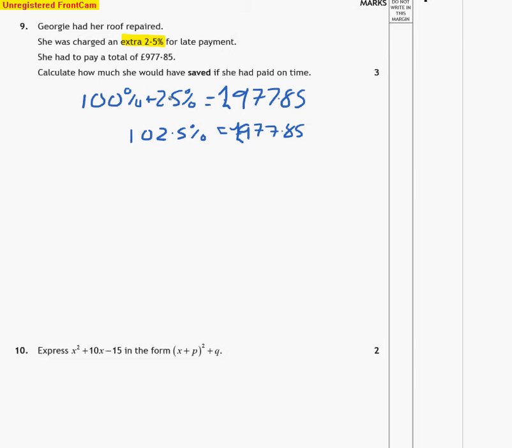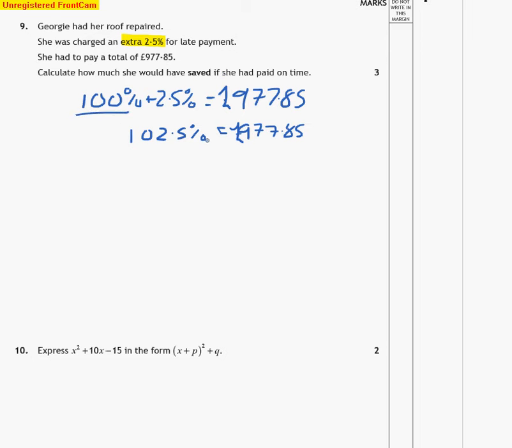So we've had to understand that we're over 100 here, that's the point. 102.5% is 977.85. So how do we get back to working out 100%? We're trying to work out how much she would have saved, so we're trying to work out the 100%.